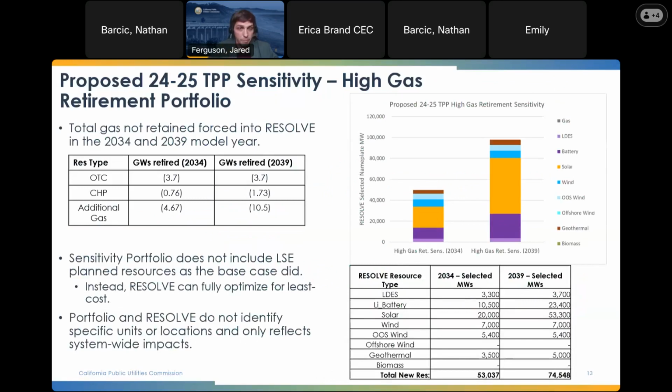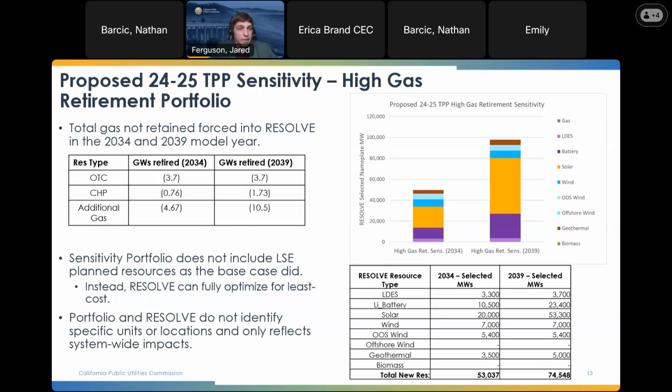So for the proposed sensitivity case, you can see here the amount of gas retired by technology type. You have the forced in OTC and CHP resources that are the same as in the base case. And then you have the additional gas retirements of just under 5 gigawatts in 2034, and then about 10.5 gigawatts in 2039.